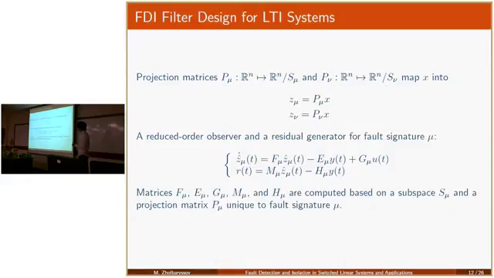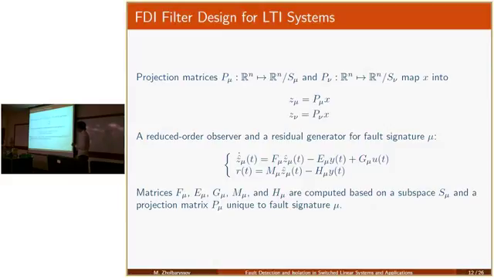Basically, in our example with 2 fault disturbances, we use projection matrices and project the original state space into subspaces. For each subspace, we design a reduced order observer and residual generator such that each of them will see exactly one type of fault and will not see any other types of faults.